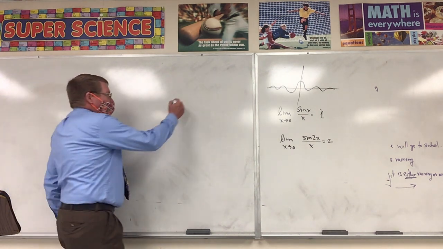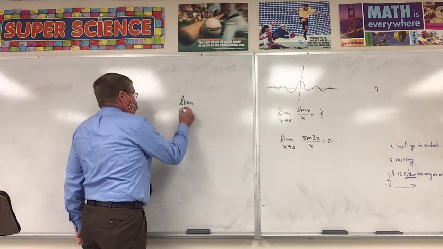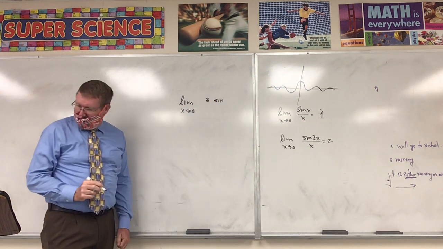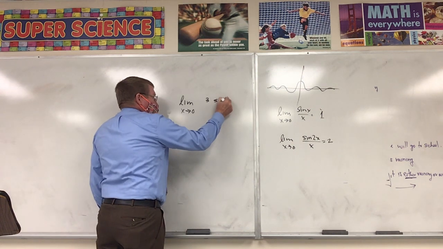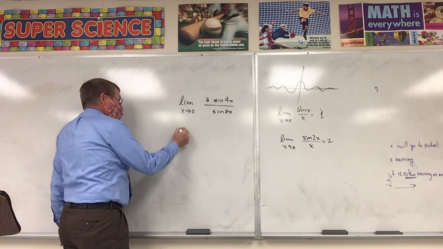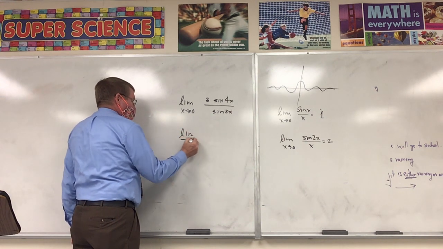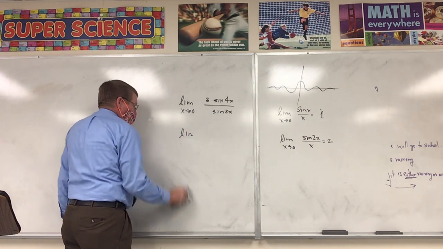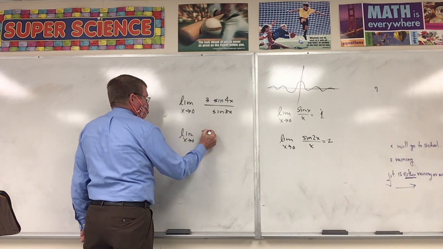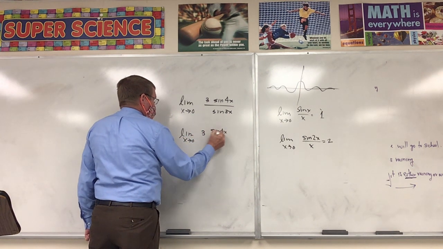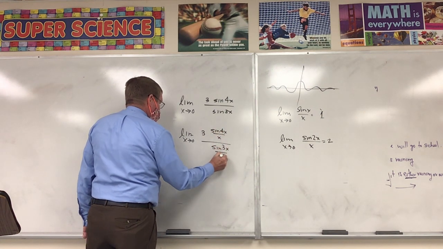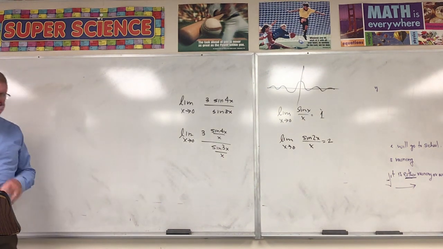Limit as x approaches 0, this one here, we're just going to divide both the top and bottom by x.